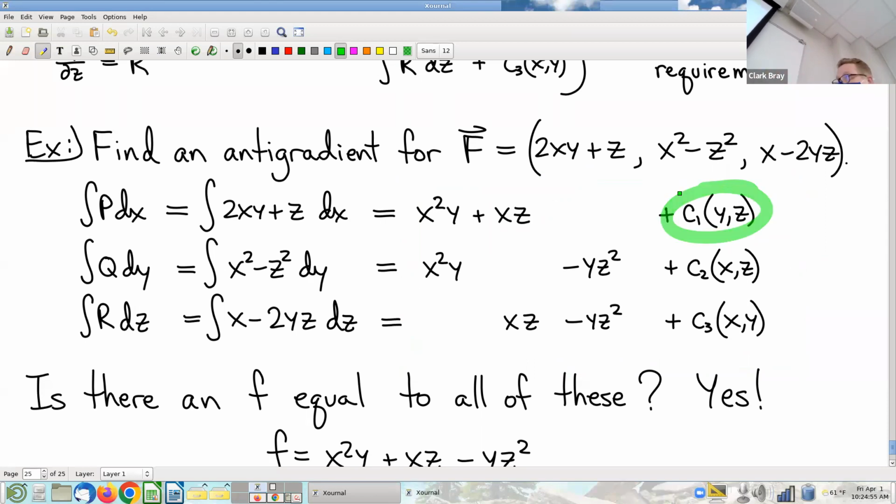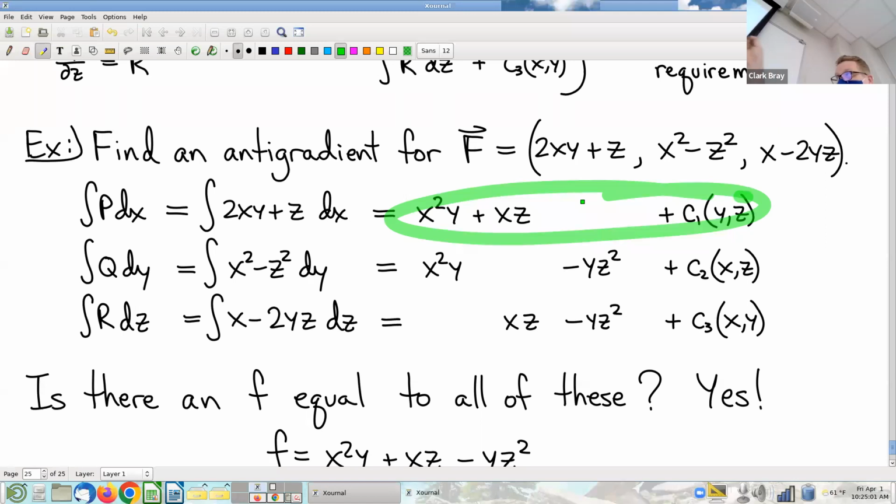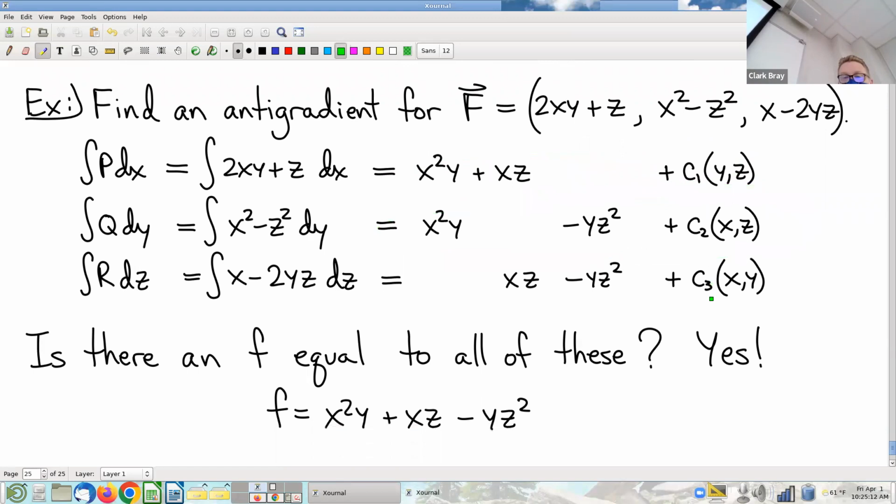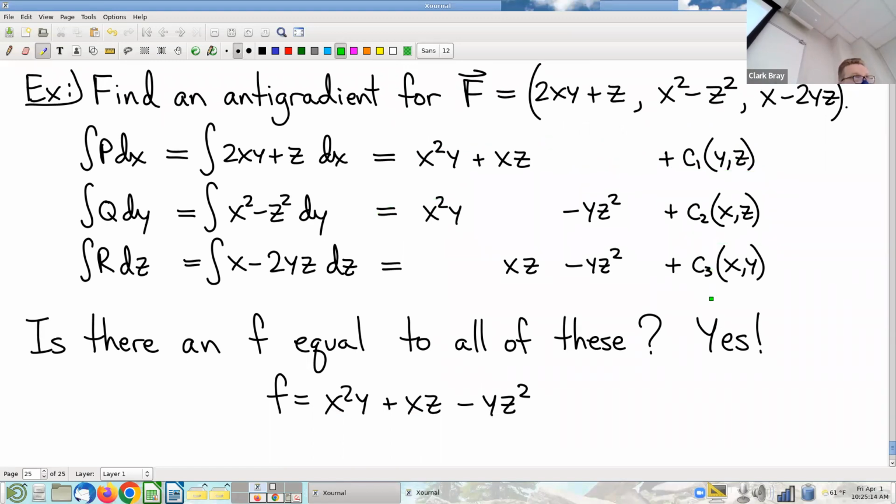So this could be any function of y and z, and I just need there to be an f that's equal. The f has to equal this, but C1 can be any function of y and z. And likewise, f has to equal this, but C2 can be any function of x and z, etc. So the slick move is, here's where we sort of start a game. I think to myself, well, I see an x squared y there.